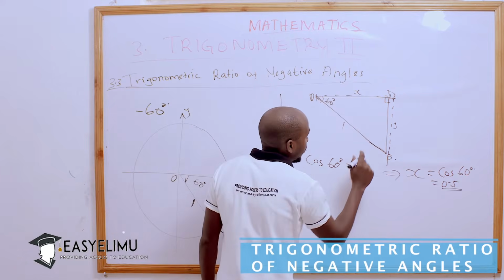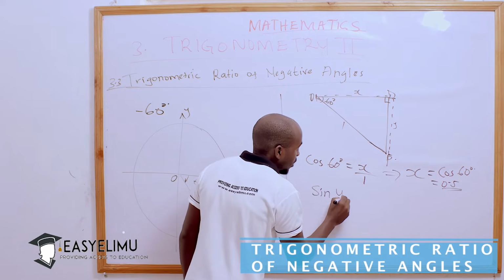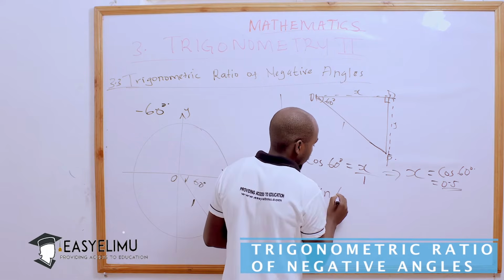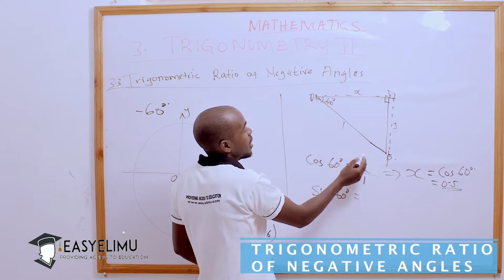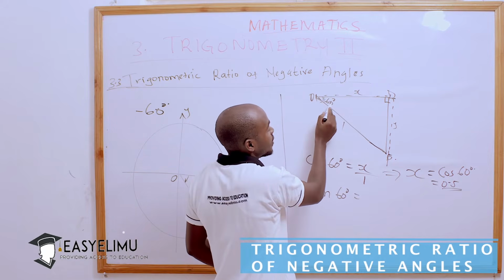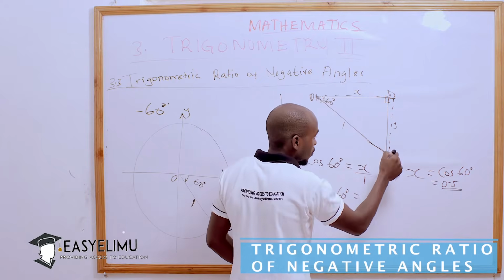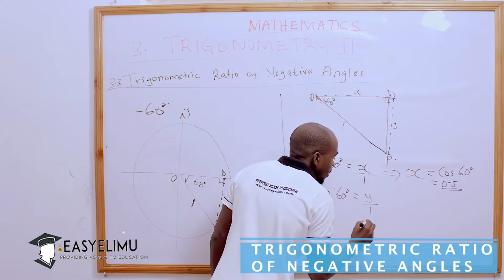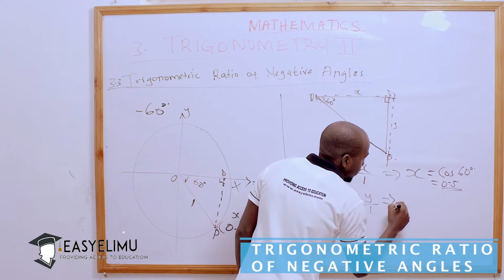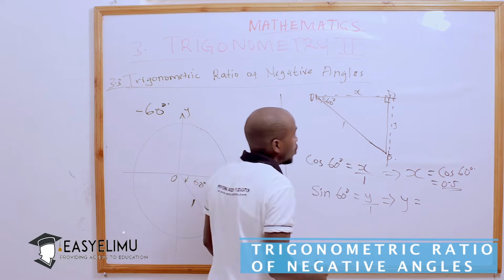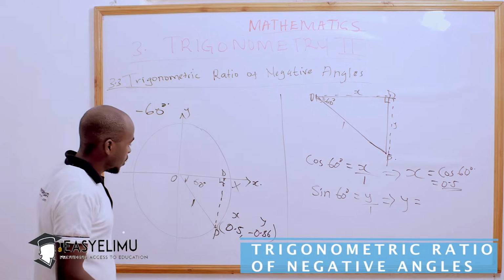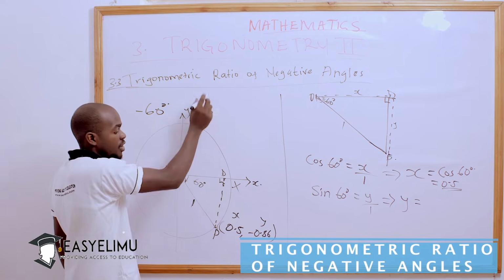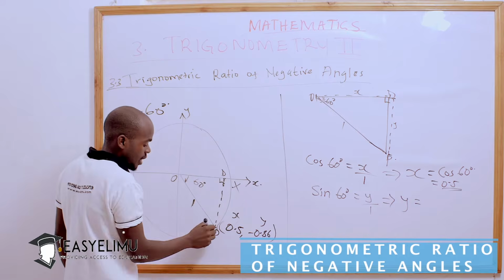And if we work out the other direction, if we find the sine of the angle, sine 60, that is the same as taking the opposite of that angle, which is y, over the hypotenuse, which is 1. Because this one is moving in the other direction, it's not moving in positive y, it's moving in negative y.